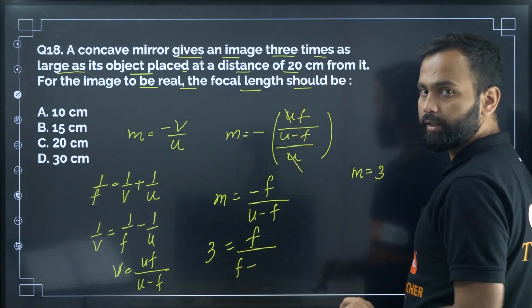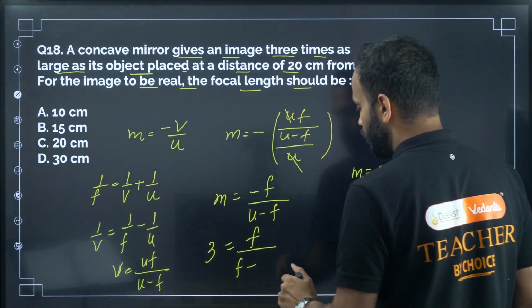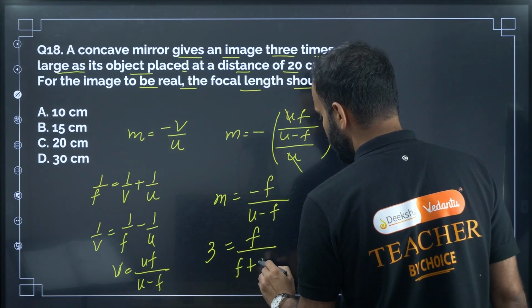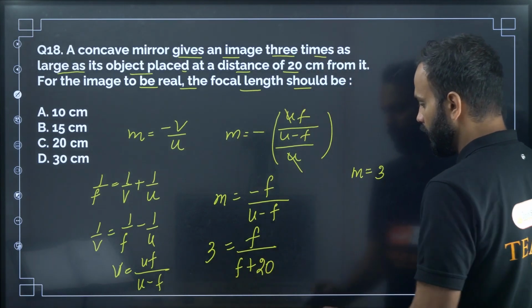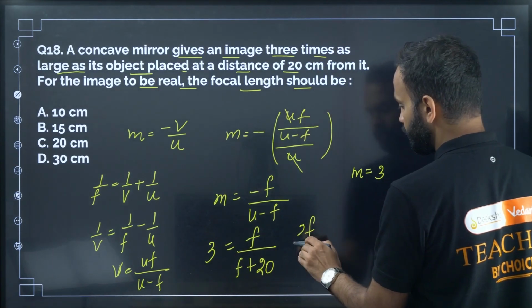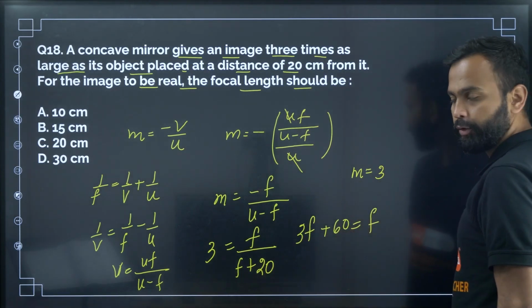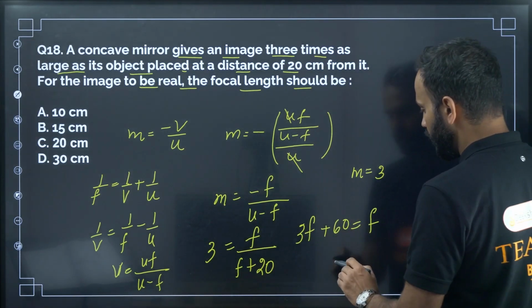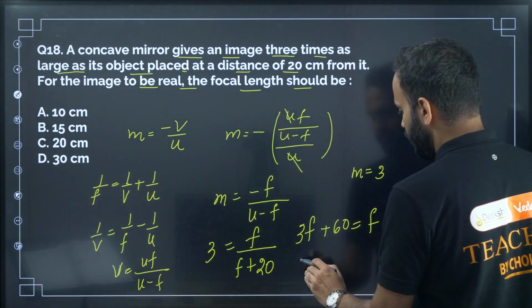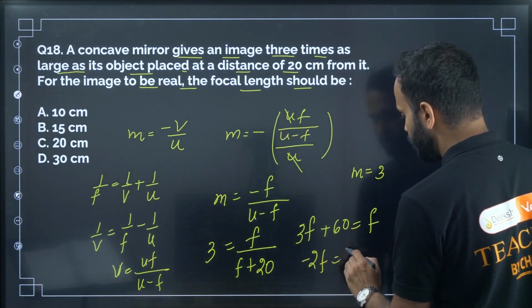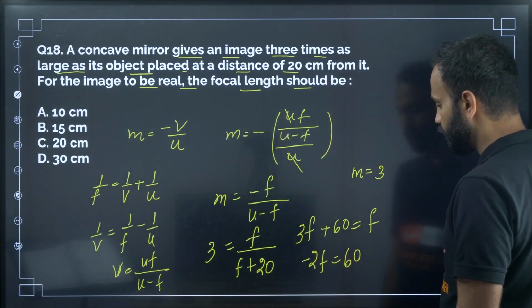U is minus 20 centimeter, so this will be plus 20. So now 3f plus 60 is equal to f, right? So minus 2f is equal to 60.